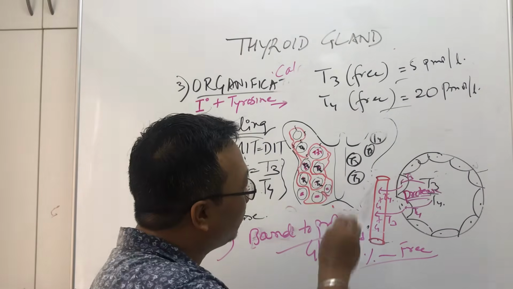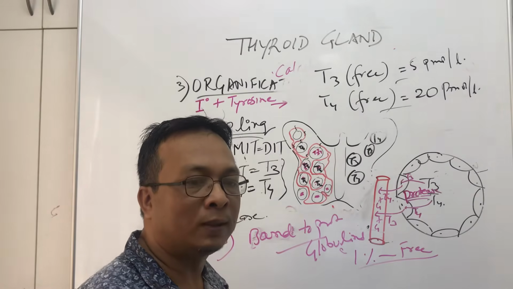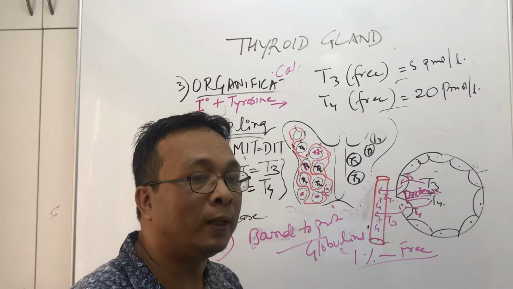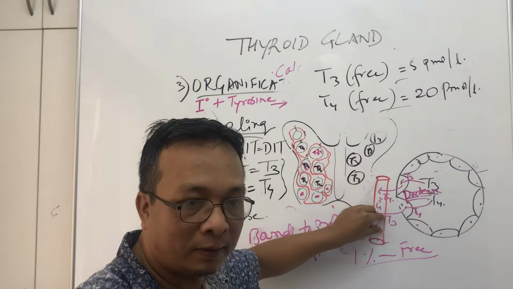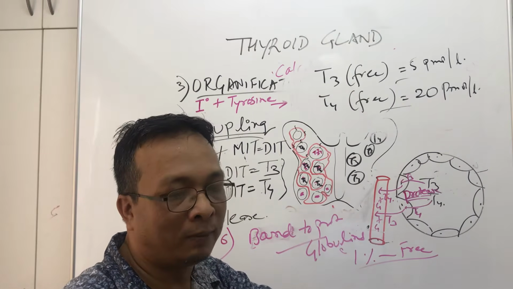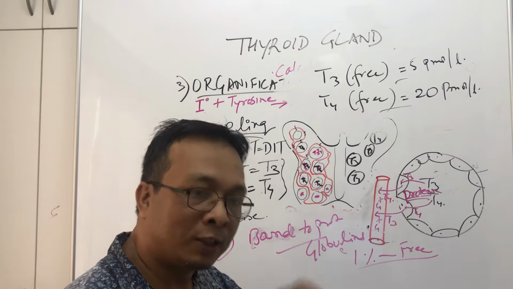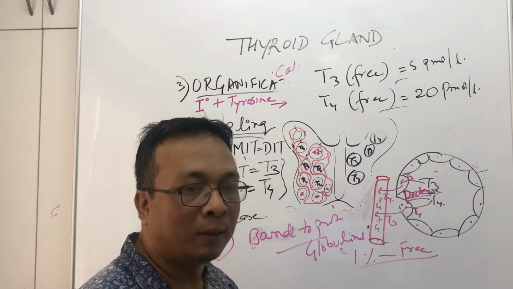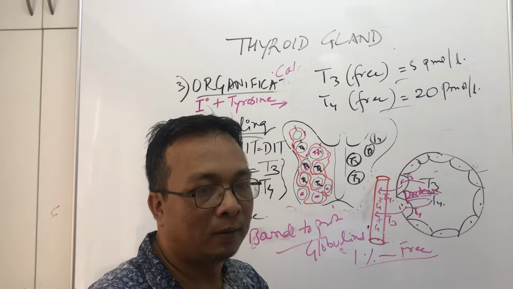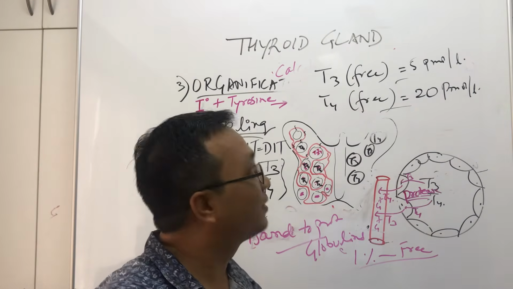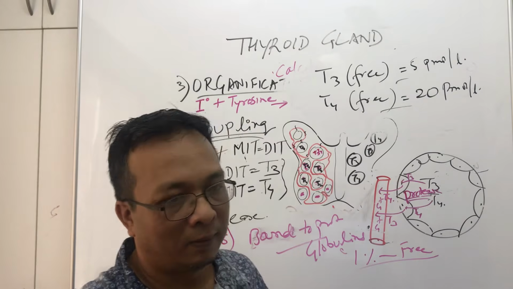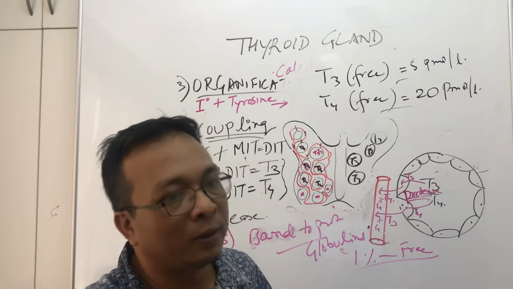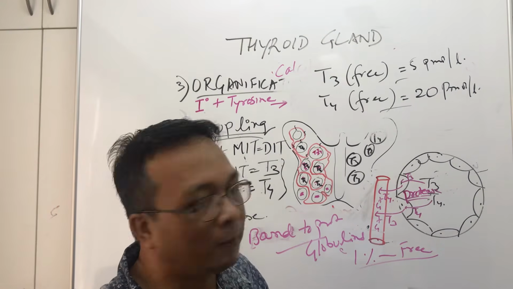Why am I telling you this, why is binding so important? Now listen, if you have more protein, more protein will bind to T4 and T3, so less T4 and T3 will be available. And if you have less protein in your blood, then more T3 and T4 will become free. So when we assess the T3 and T4 level, you should also assess the blood protein level, because it is related to the normal amount of globulin found in the blood.